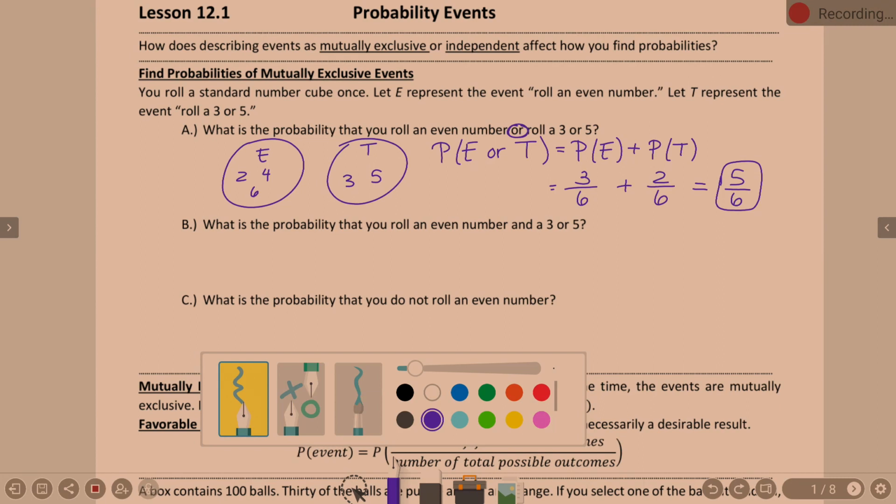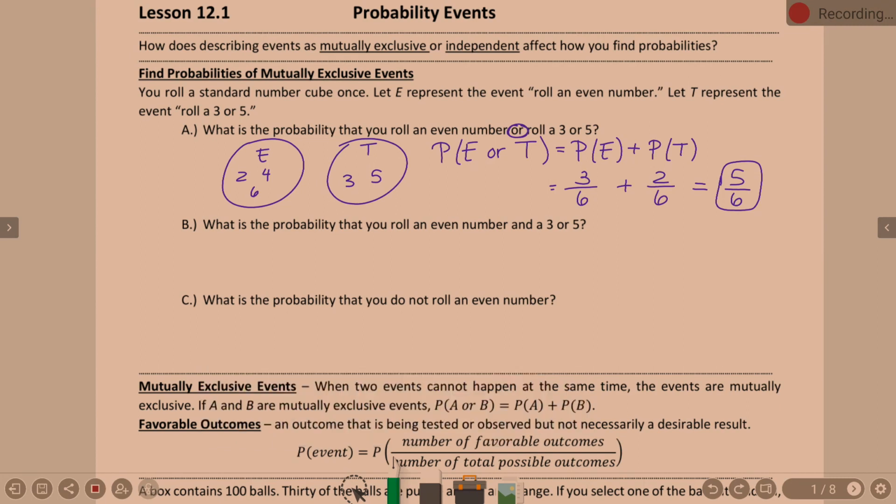Okay? Think about B. B asks us, what is the probability that you roll an even number and a 3 or a 5? What's the big change here? Probably you roll an even number and a 3 or a 5. So if I write it like this, it's a probability of rolling an E and a T, because E was what was defined for even number.